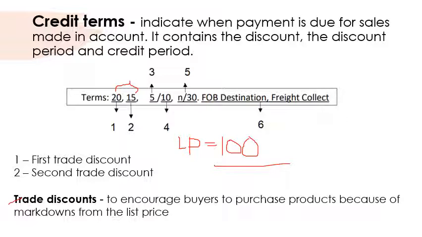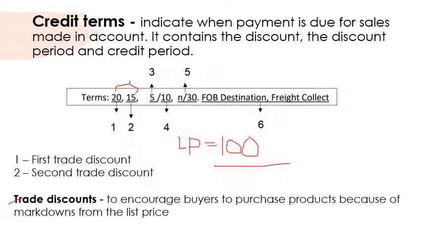The first trade discount is 20, so 100 minus 20 is 80. 15% of 80 would be our second trade discount. Therefore, that would be 80 times 15%, which is 12. So in total, our trade discounts are 20 and 12.